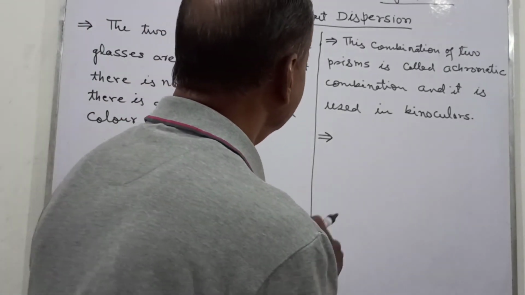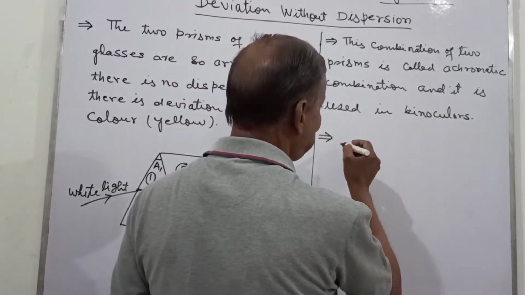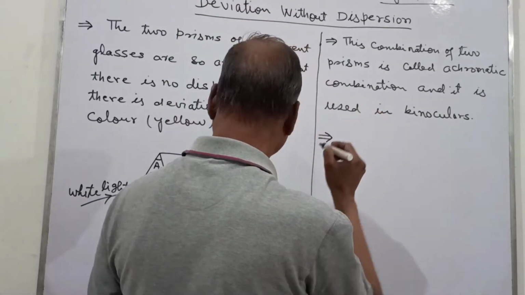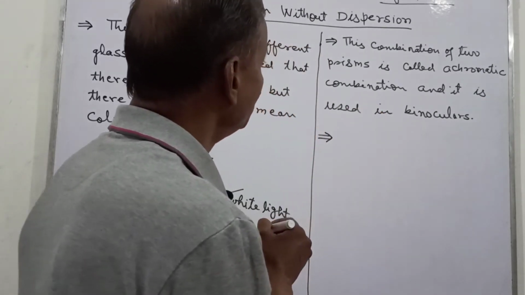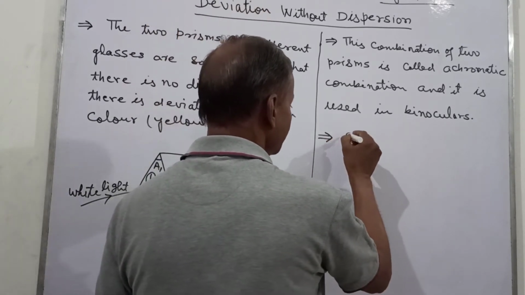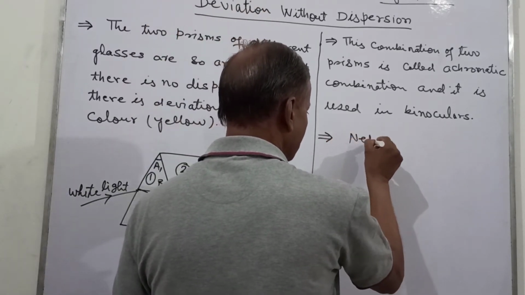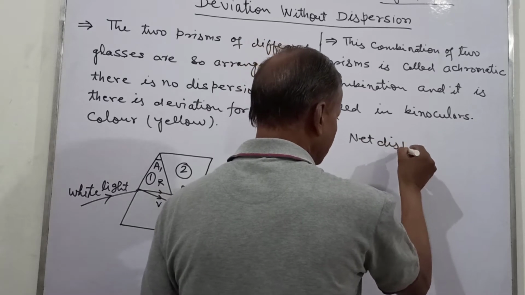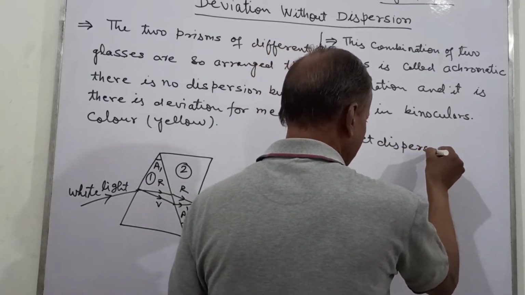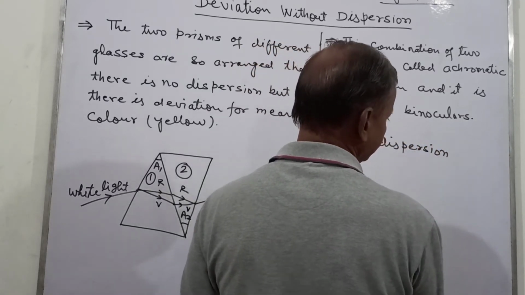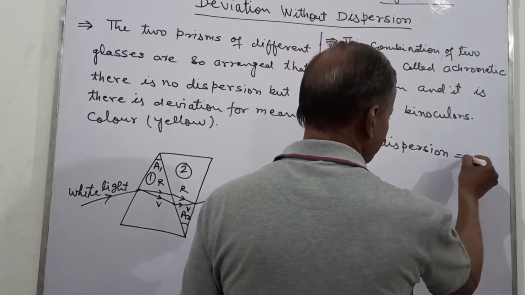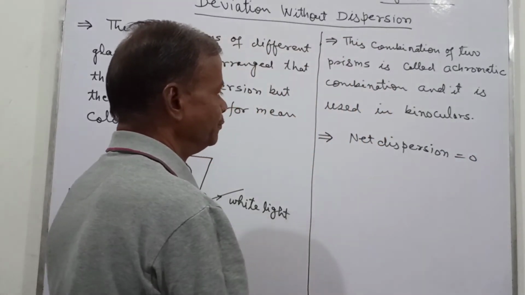And we have, there is no dispersion, so net dispersion is equal to 0.